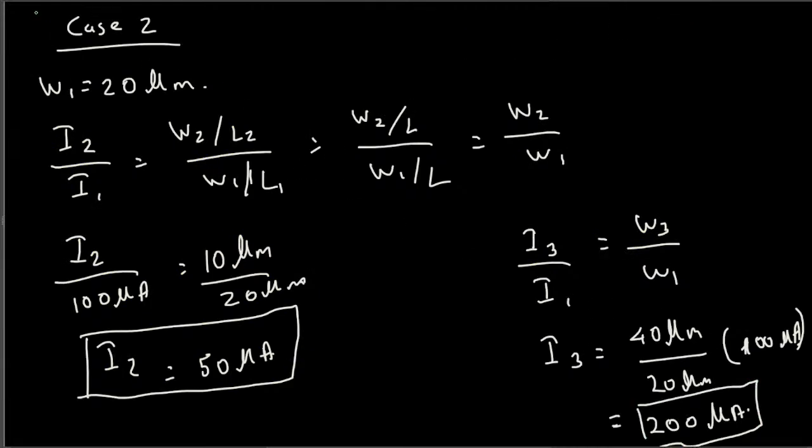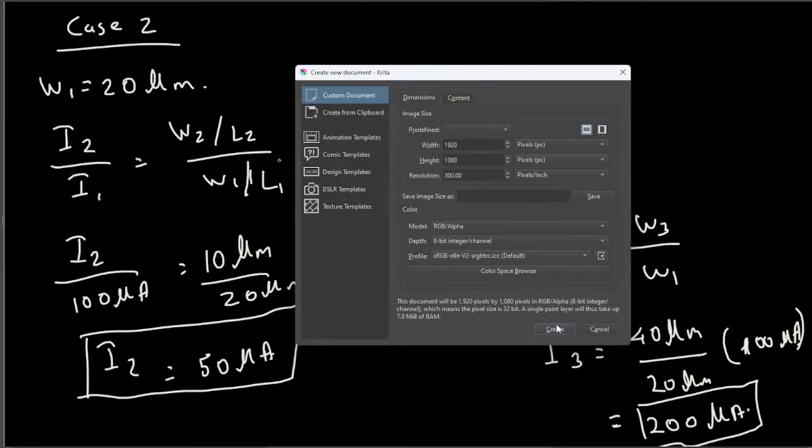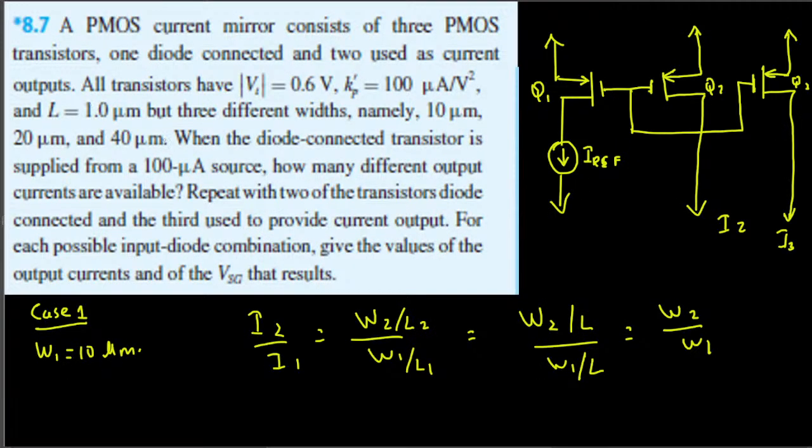Now let's look at case 3. In case 3, we are going to assume W1 to be 40 micrometer.